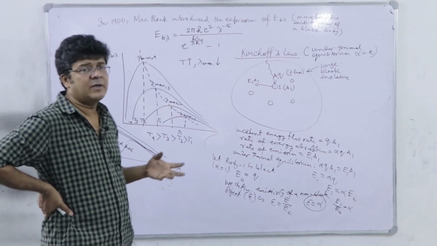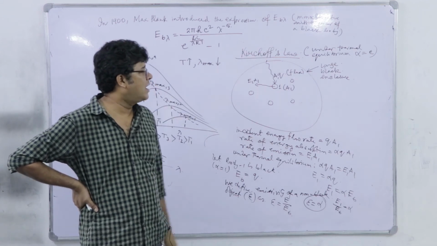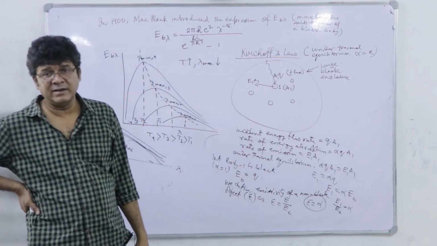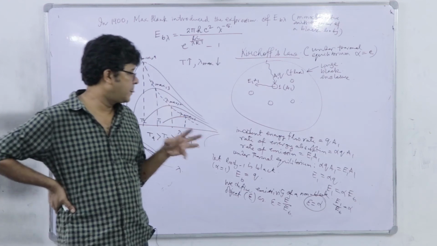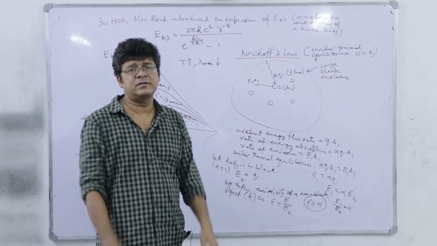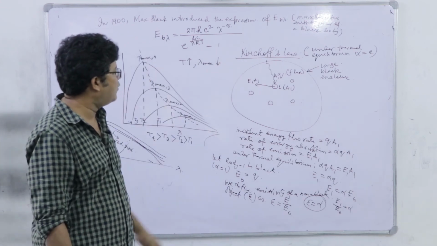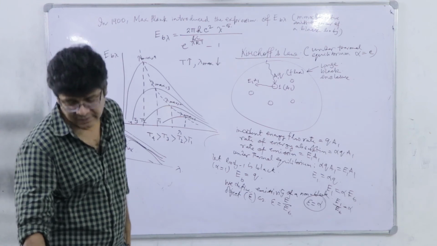So, even if the object is not in thermal equilibrium, Kirchhoff's law in most cases remains valid. But within the strictures of the theoretical paradigm, we cannot use Kirchhoff's law when the body is in thermal transience.